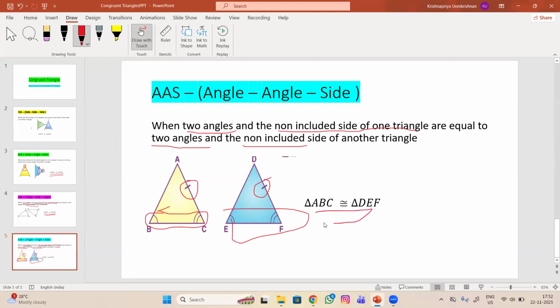Then we can clearly say that these two triangles are congruent to each other. These are the criteria to find out whether triangles are congruent to each other.